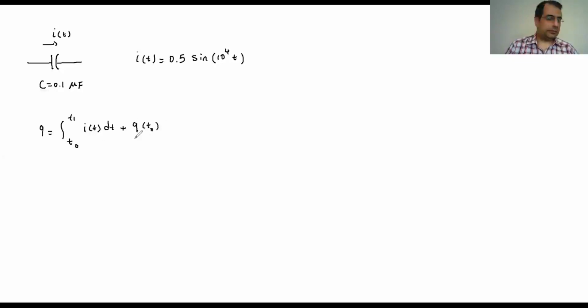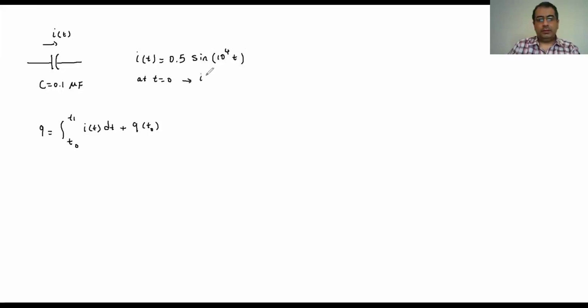If we assume that there is no current at the start, so assume that at t is 0 there's no current, you can see that if I put in t0, this one becomes 0, so everything becomes 0.